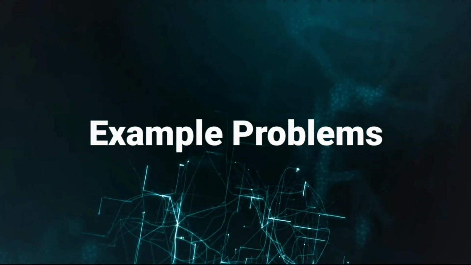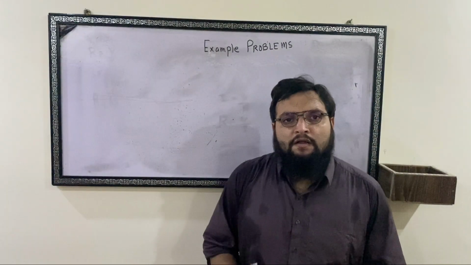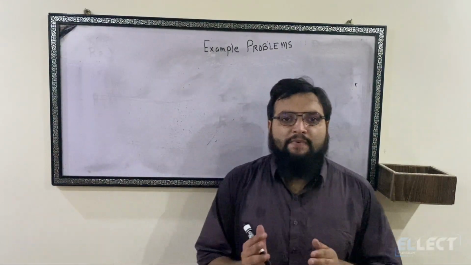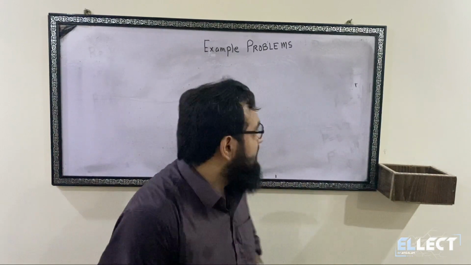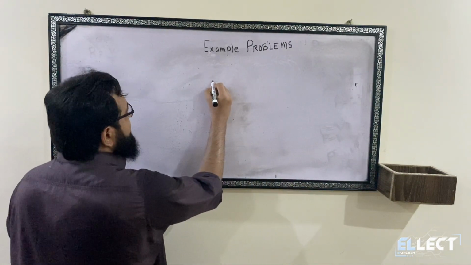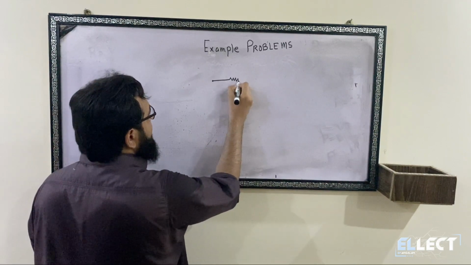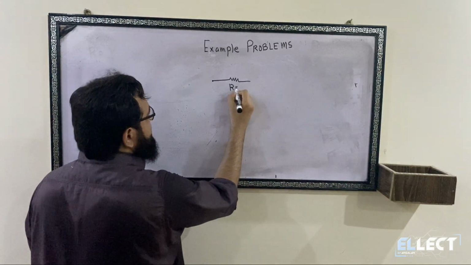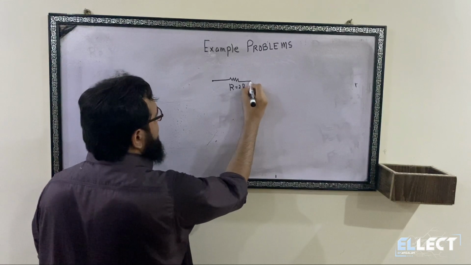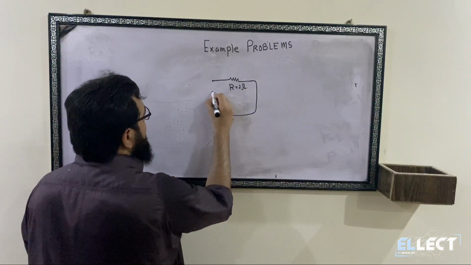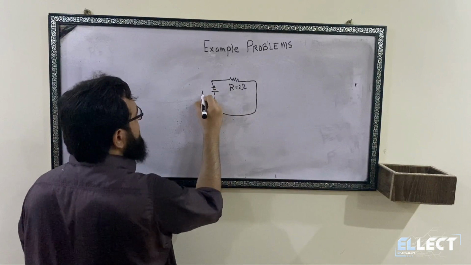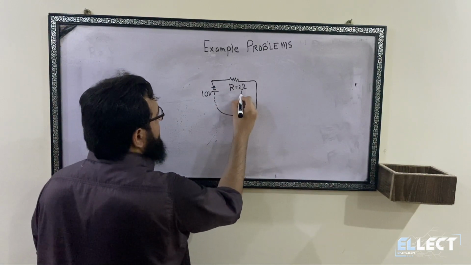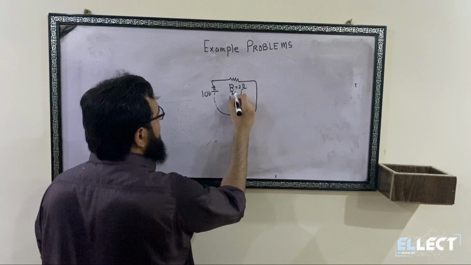Example problems. Now let us discuss the problems on Ohm's law. Let's suppose in an electrical circuit, a resistor of rating 2 ohm is connected to a voltage supply of, let's suppose, 10 volt, and we have to find the current in the loop.